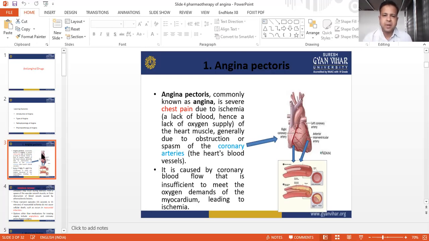It is caused by coronary blood flow that is insufficient to meet the oxygen demands of the myocardium, leading to ischemia.